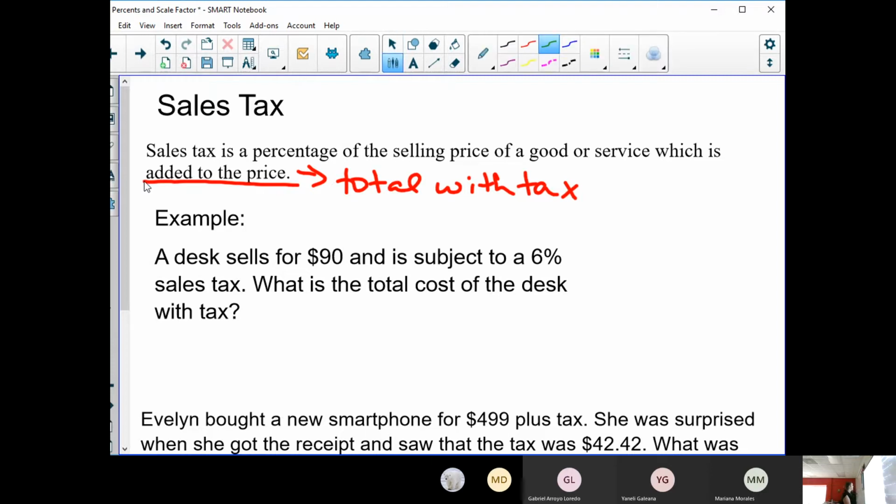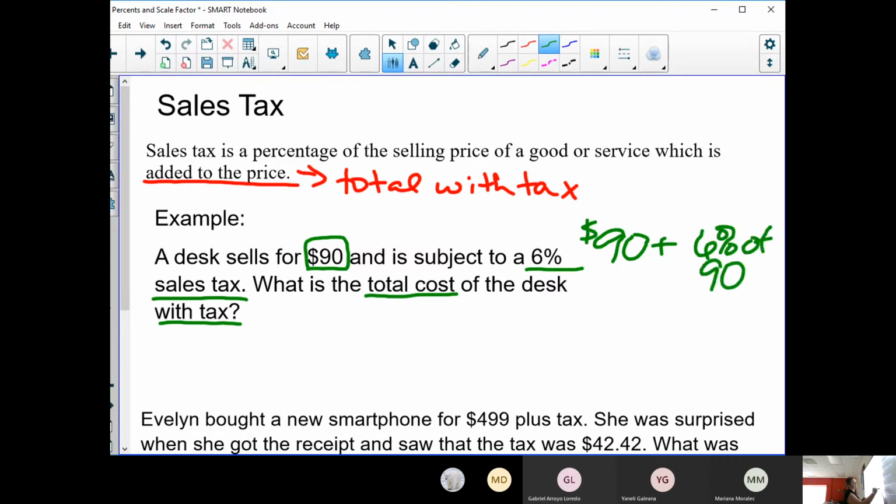So an example, a desk sells for $90 and is subject to a 6% sales tax. What is the total cost with tax? Now, since it is with tax, this tells me that I am adding $90 plus whatever 6% tax is. Okay, so I'm going to do $90 plus 6% of 90, to find the answer to this question.